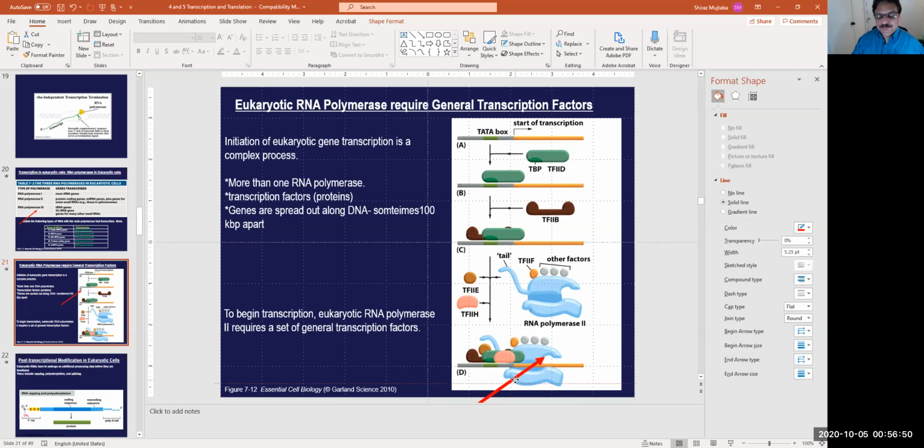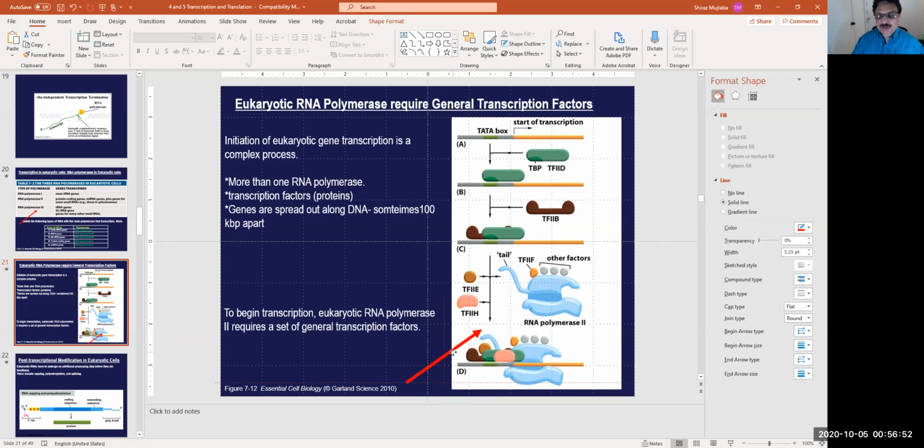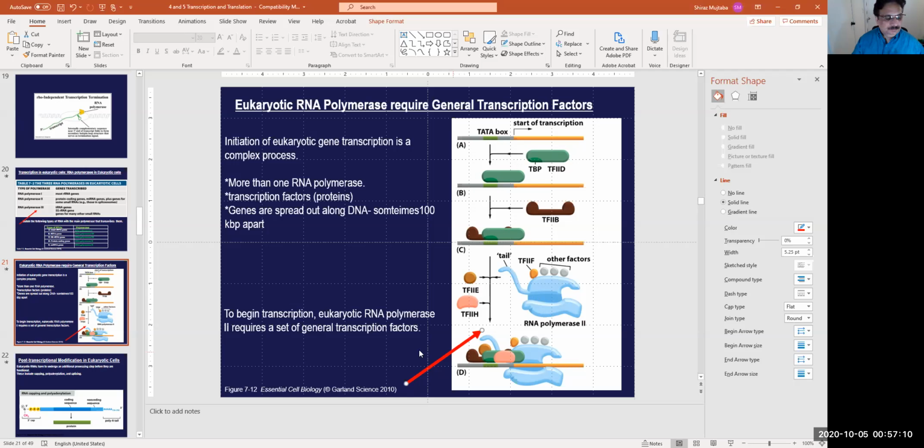Because in a multicellular gene, taking human as an example, transcription is a very controlled event. It is not as in bacteria, because in bacteria the cell's objective is just to divide in numbers. But in humans, division is important, but also differentiation.